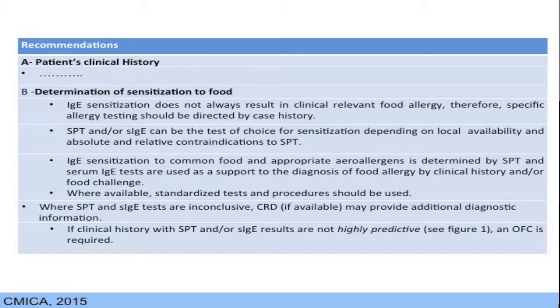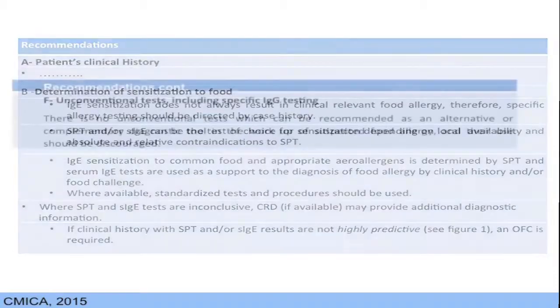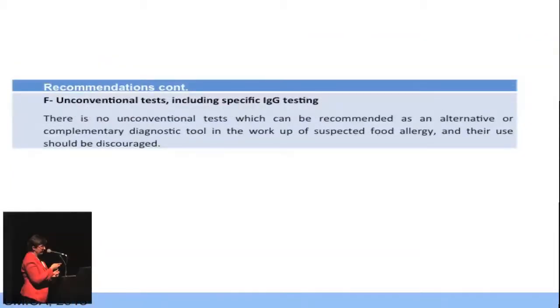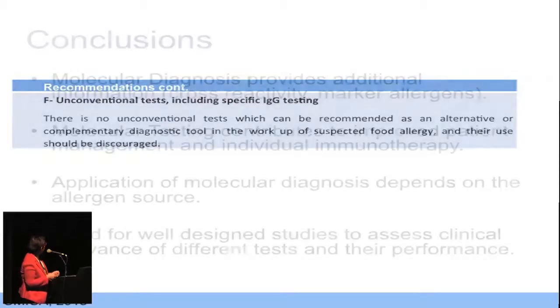And I think that's the point where we would like to go with further studies to emphasize this and bring new information and improve that. Again, highlighting that unconventional testing, including IgG testing, is of no worth and is not recommended in terms of diagnostic approach.